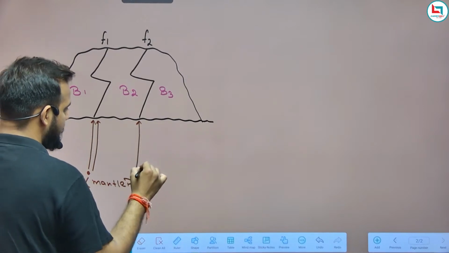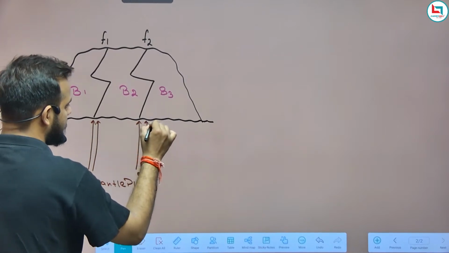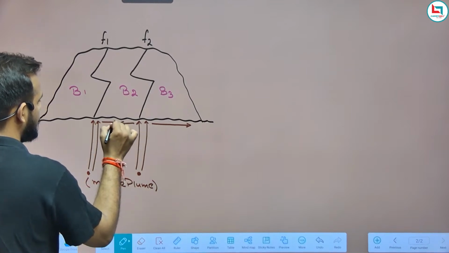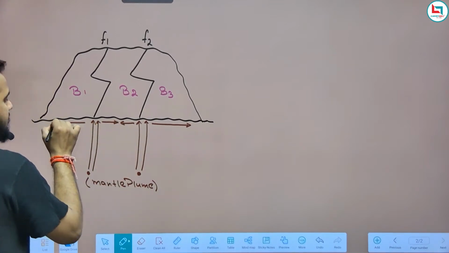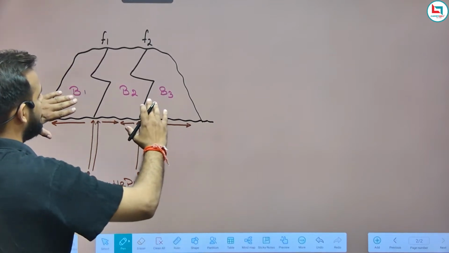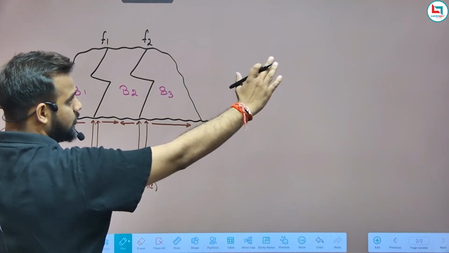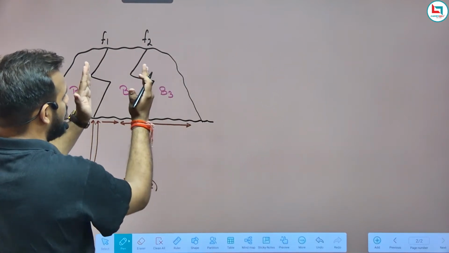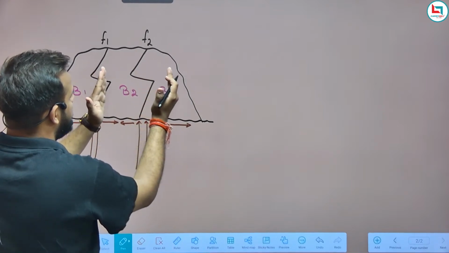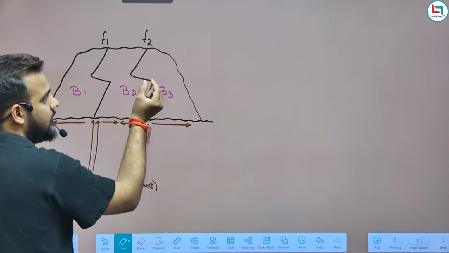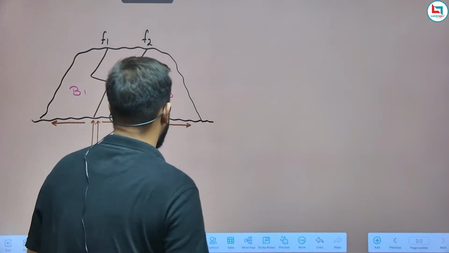When these mantle plumes are generating the endogenic forces, that is the epeirogenic force and the orogenic force, you can see that B1 and B3 will diverge from B2. B2 was in between B3 and B1, so this particular crack will become wider.